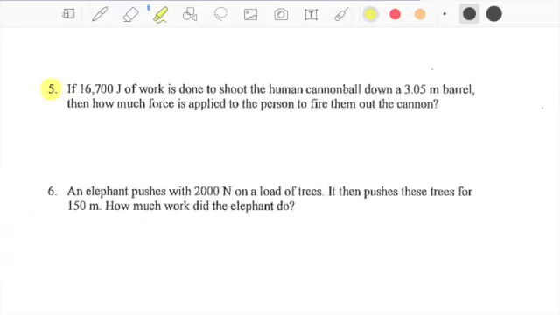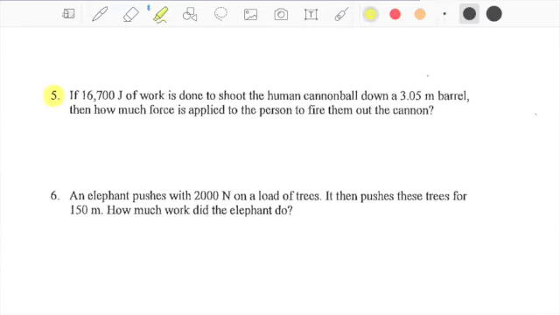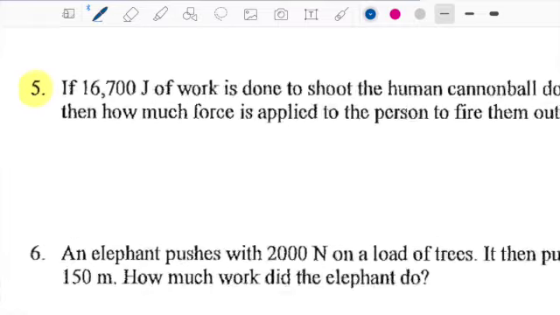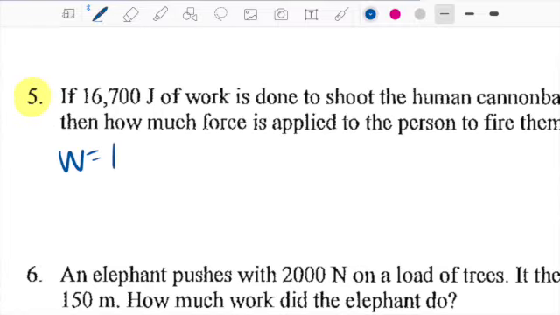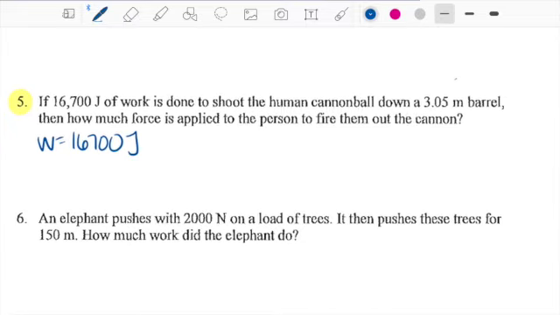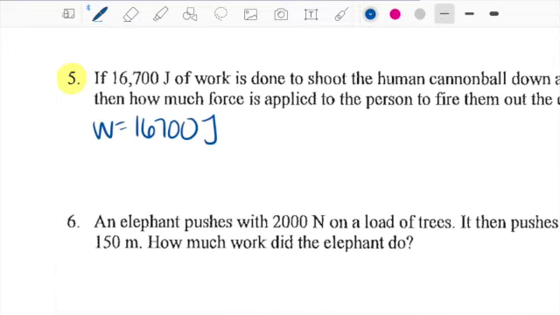Okay, in number 5 they're asking you if 16,700 joules of work, so we have work of 16,700 joules, and we have 3.05 meters distance, and we have force as the doubt.